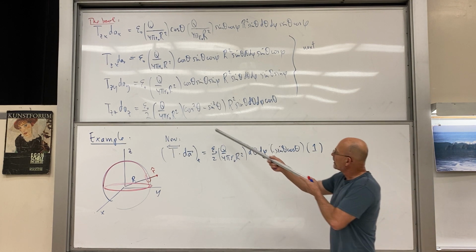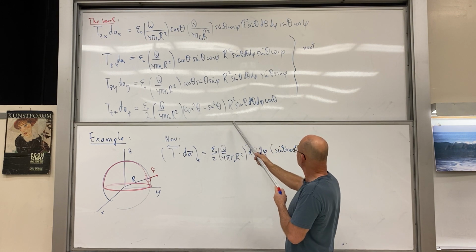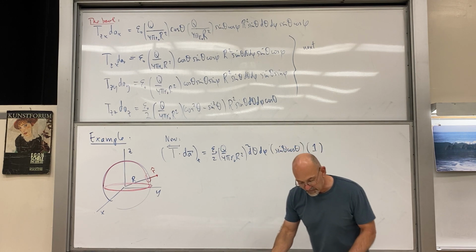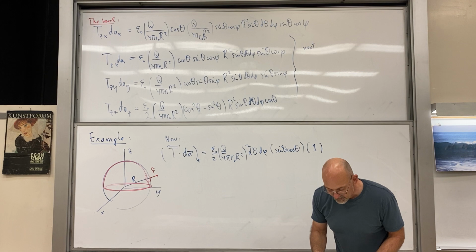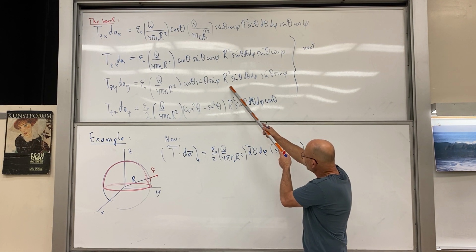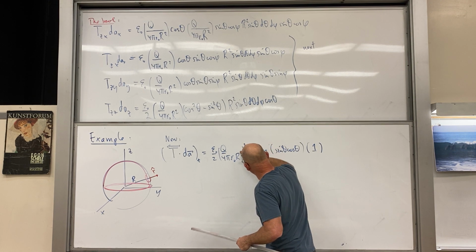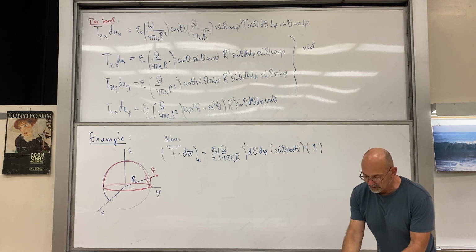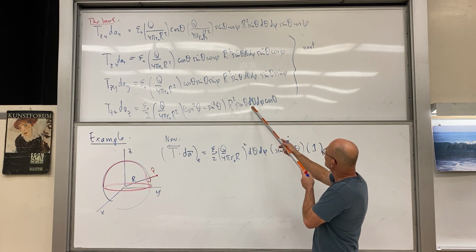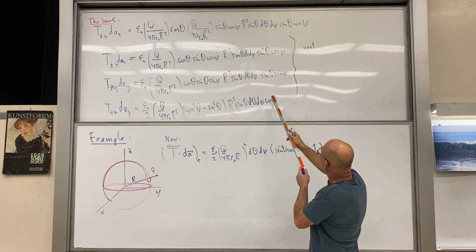So what was common? Q over 4 pi epsilon naught r squared, we had that right there. D theta d phi. Actually, I better be careful here. I absorbed this r squared into here. So this is squared and this is no more. Okay, that's how I got rid of that r squared. Okay, so we had d theta d phi, sine theta cos theta.